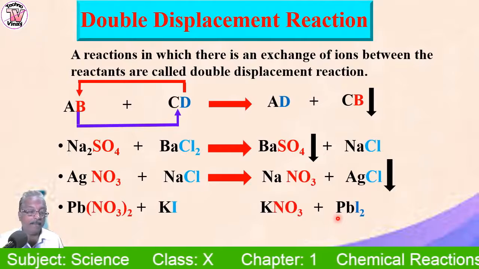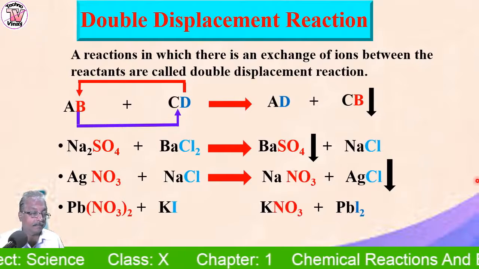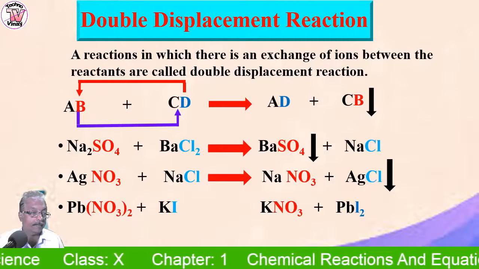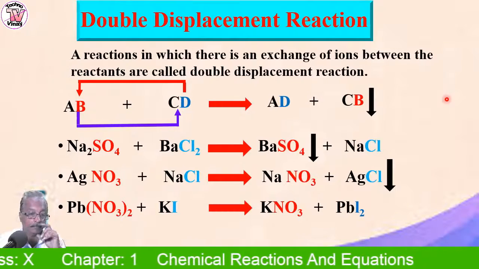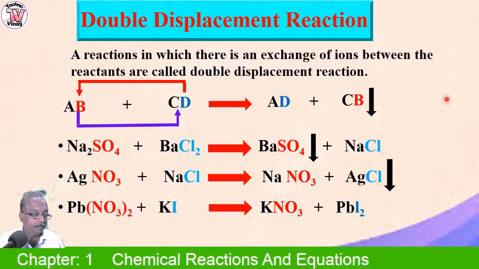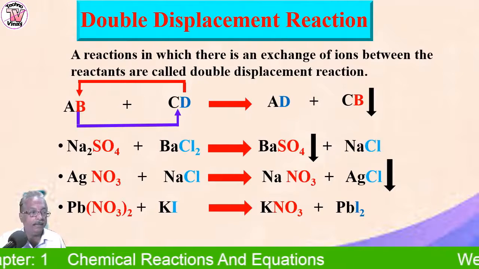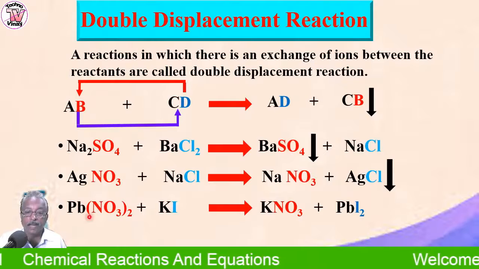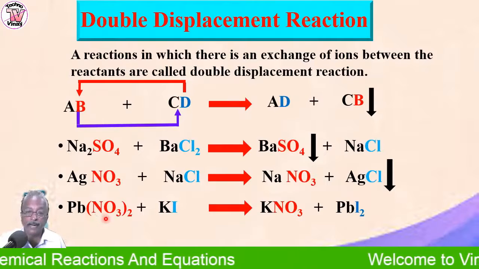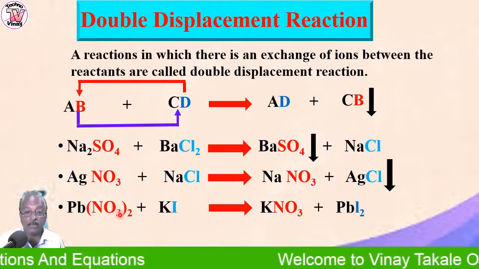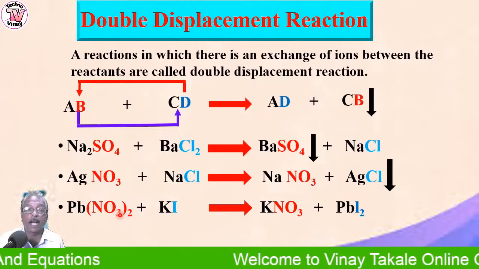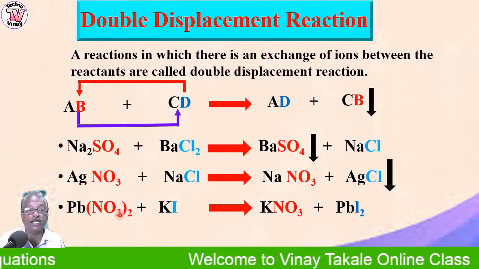One more equation, similarly, lead nitrate. In the beginning of this chapter I have shown you that in a test tube I have taken lead nitrate, white in color, and potassium iodide.